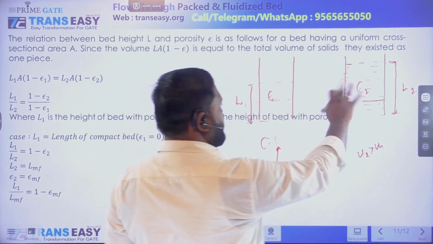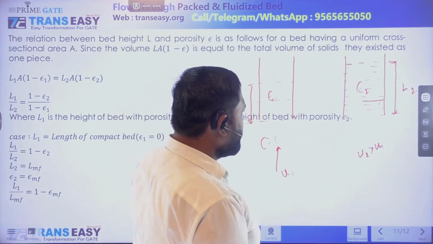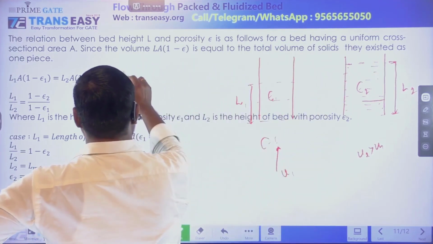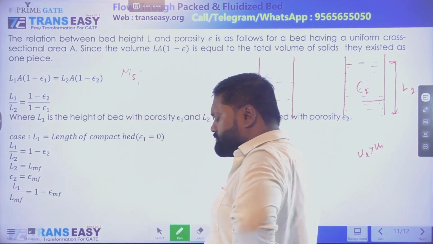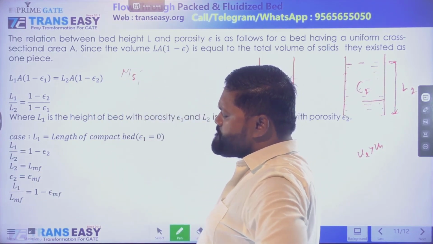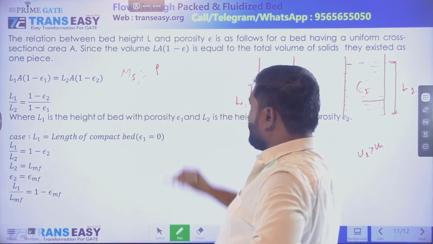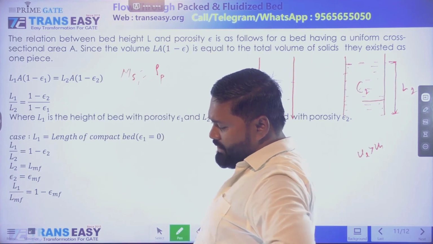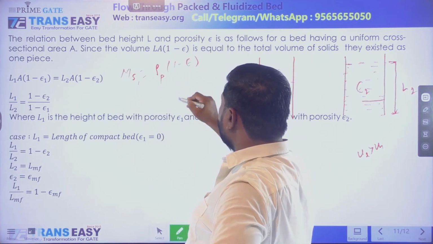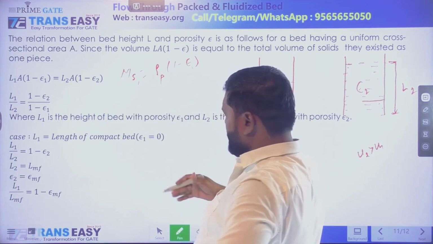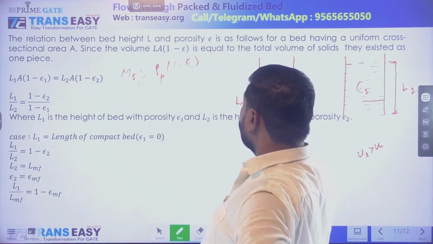दोनों केस में सॉलिड पार्टिकल्स का मास तो सेम ही है, एक्सपेंड हुआ है बट बाहर गया तो नहीं ना है, मास सॉलिड पार्टिकल का इक्वेट कर दो। How to calculate total mass of the solid in case 1, we know। क्या बोला था मैंने, density of the solid particle into volume of the solid particles, right? It is 1 minus epsilon 1 into total volume of this bed.